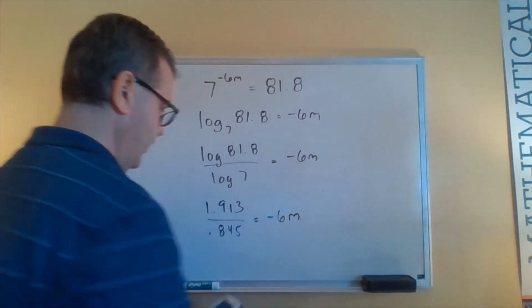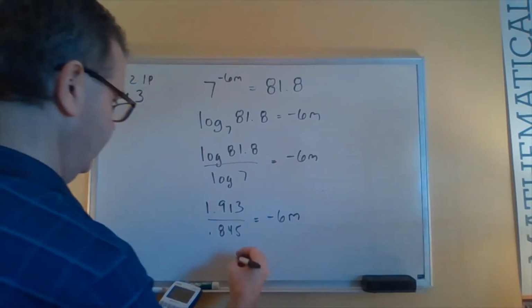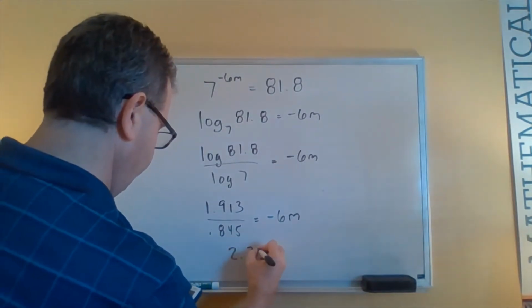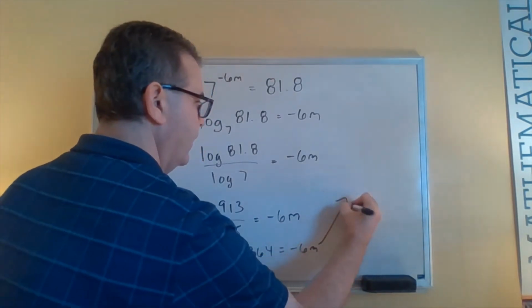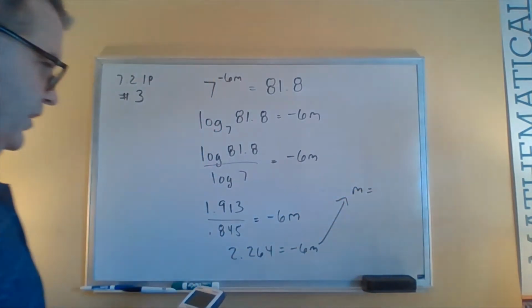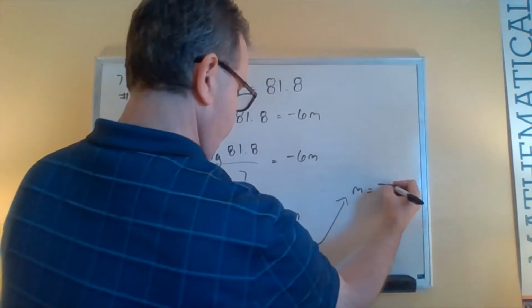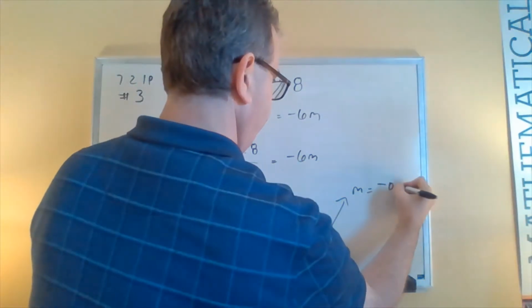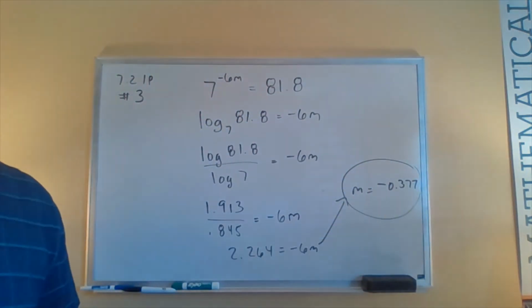So let's see, 1.913 divided by 0.845 is going to equal 2.264, which equals negative 6m. So m is going to equal, divided by negative 6, m will equal negative 0.377. That is my answer for number 3.